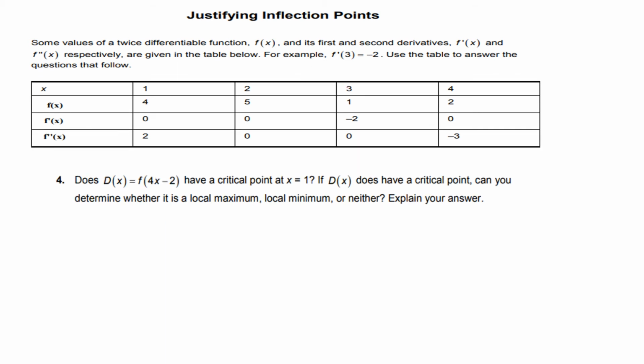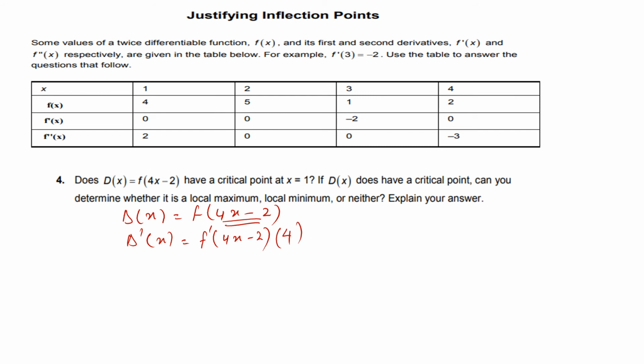So here is another question. d of x equals f of 4x minus 2. Take the derivative of the function. You will take the derivative of the outer function, that is f prime of 4x minus 2, and then take the derivative of the inner function, which is equal to 4.